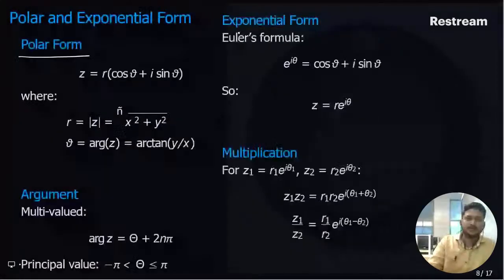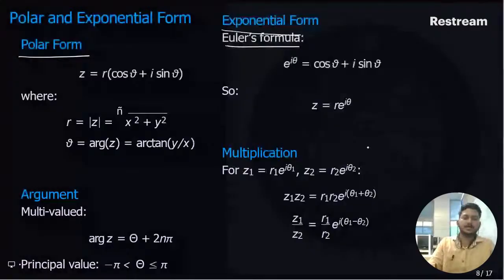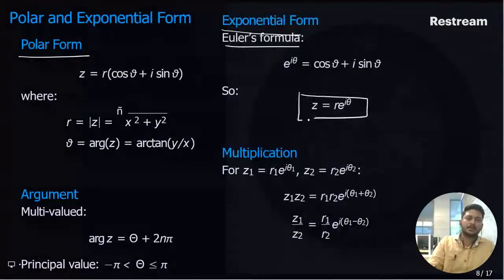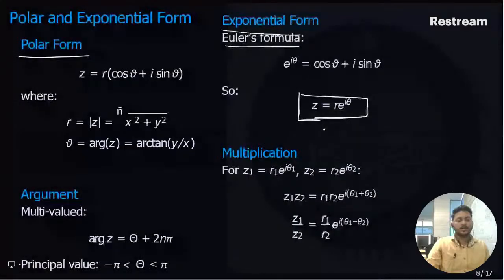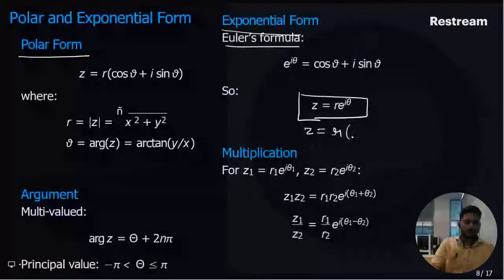It is nothing but the Euler formula: e to the power i theta is cos theta plus i sin theta. But in the complex plane you represent it like this: z equals r e to the power i theta, so z is equal to r (cos theta plus i sin theta).